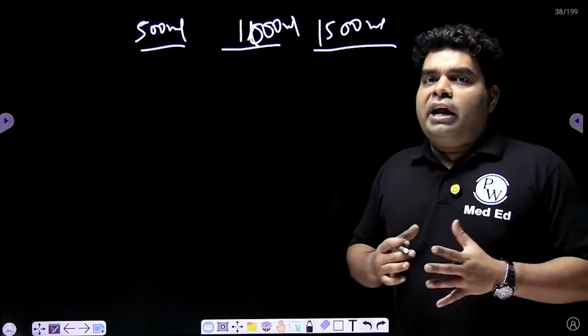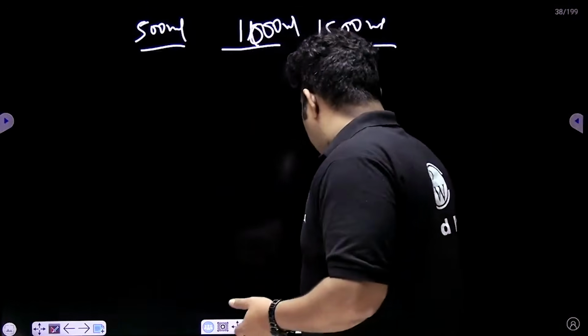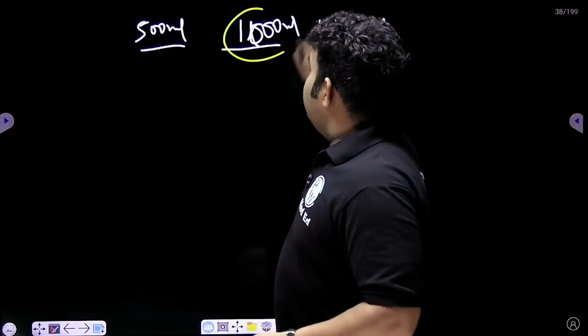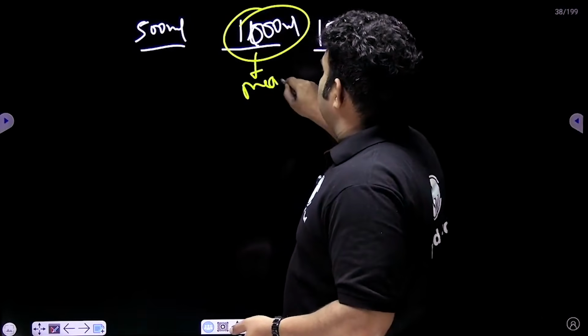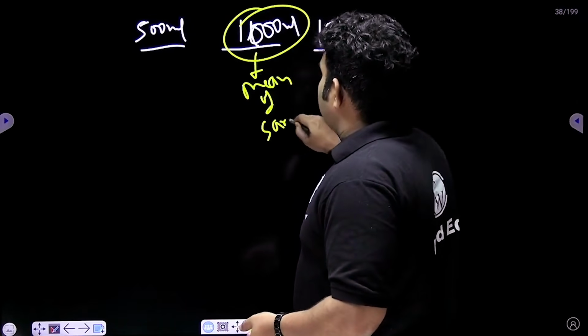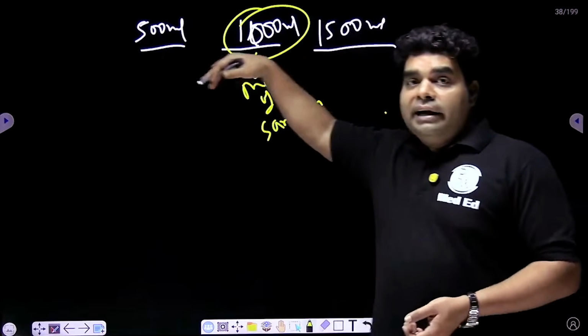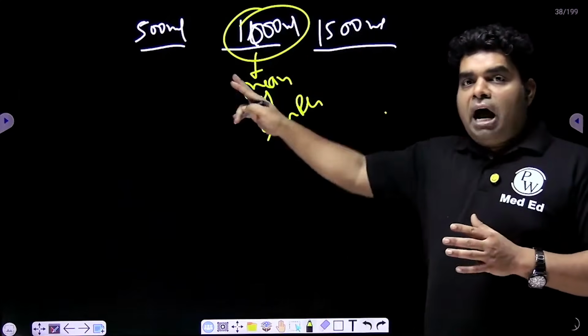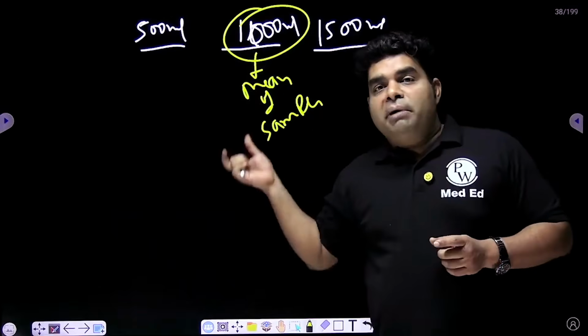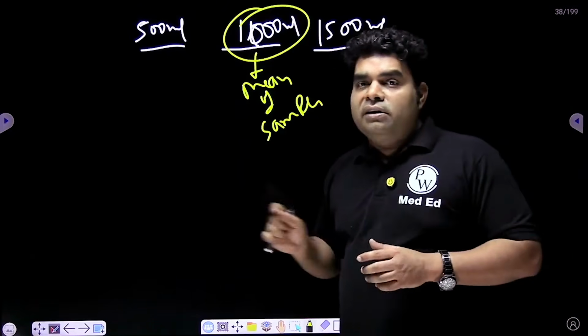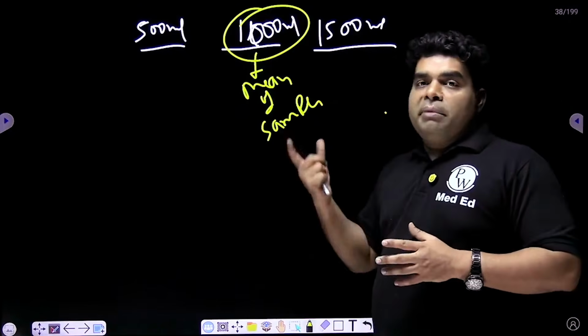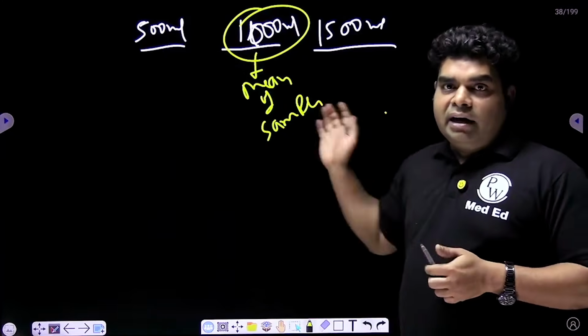And without calculation, I can say that this 1000 ml is the mean of the sample, average of the sample. Why I can say without calculation? Because it is a symmetrical data. When every number is at equal distance, then the middle number is the mean. If every number is at equal distance, then middle number is the mean. So such data is symmetrical distribution.